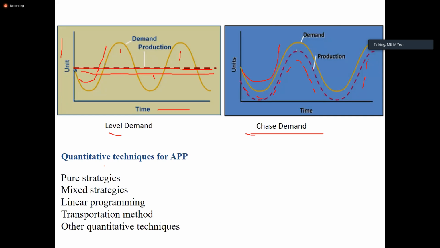You have to meet at least that demand. Next thing is quantitative techniques for aggregate production planning: pure strategies, mixed strategies, linear programming, transportation method, etc. In our syllabus we have the transportation method, so we'll discuss that.